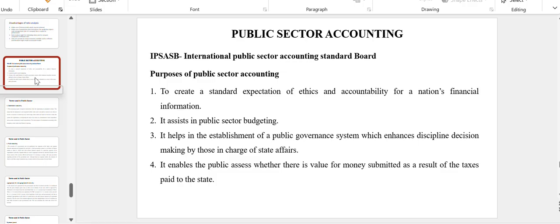Just like in other entities, private sector, NGO, when you are an accountant preparing financial statements, you prepare them in accordance with what we call International Accounting Standards and International Financial Reporting Standards. Okay, that is in Kenya. In the public sector, we use International Public Sector Accounting Standards.